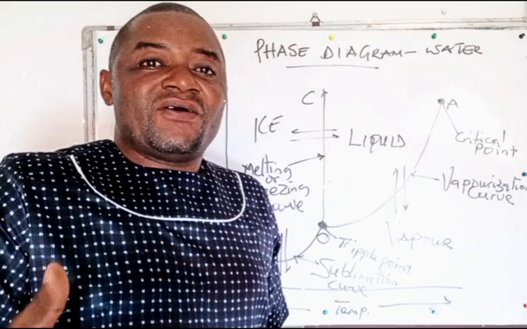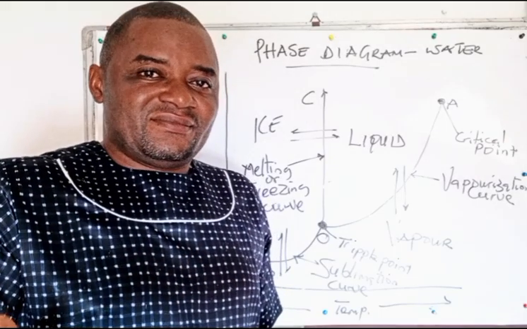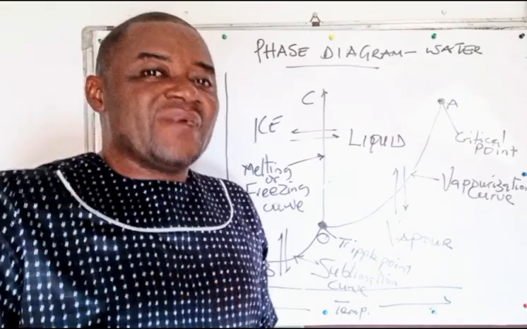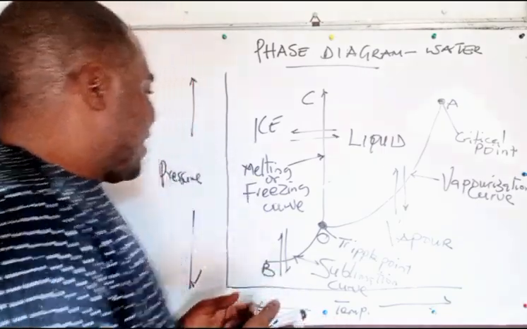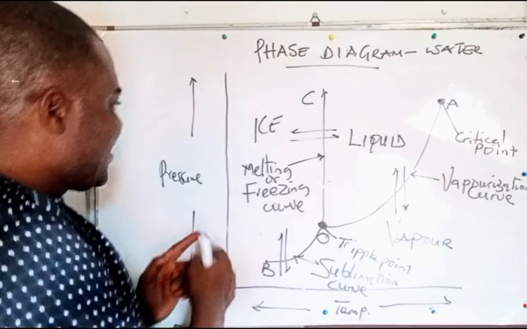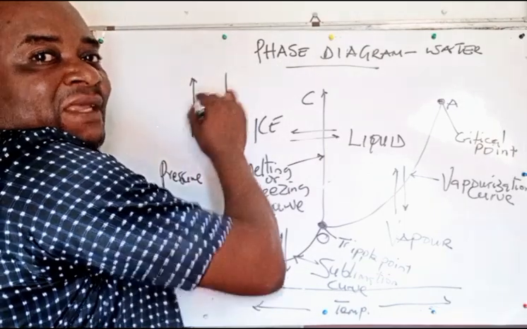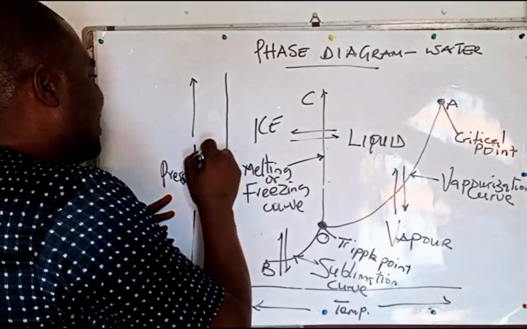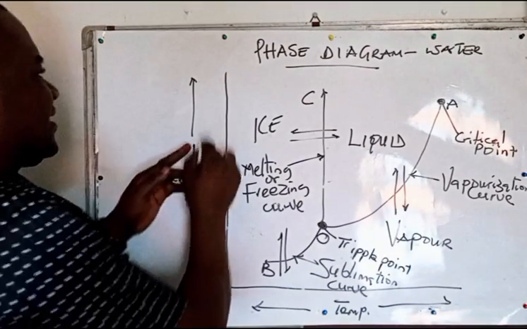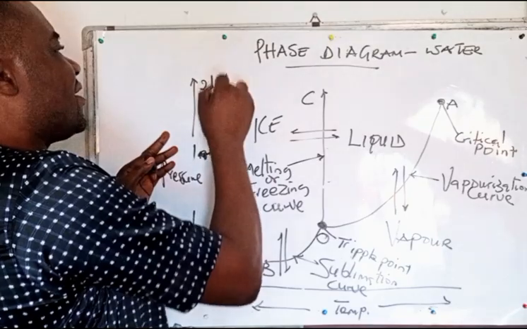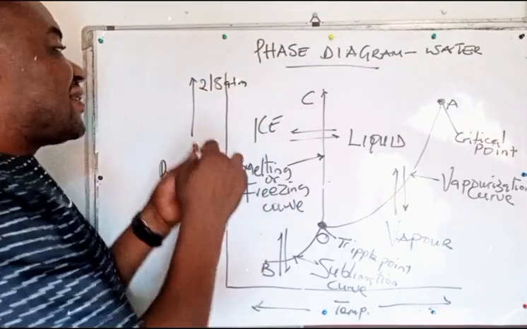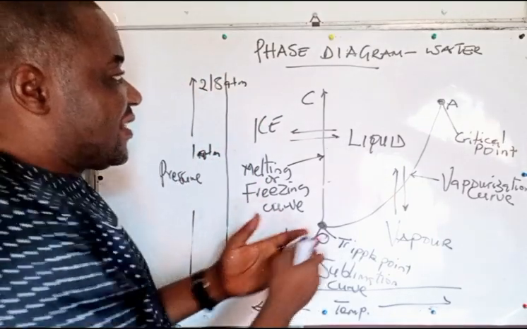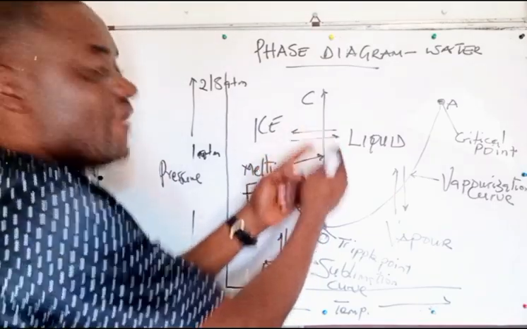273 Kelvin or 0 degrees Celsius, the ice starts doing what? Melting. But should you rather decrease your temperature and increase the pressure, that means pressure is above 1 atmospheric pressure, linking you to maybe 218 atmospheric pressure. At that point, the equilibrium favors what?